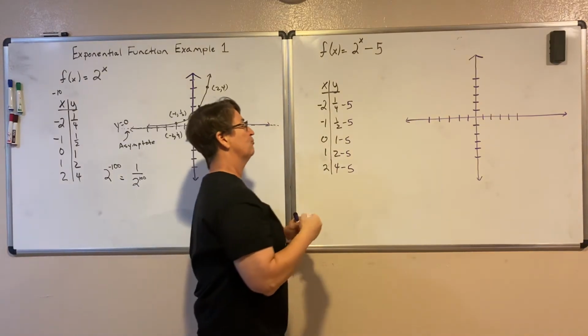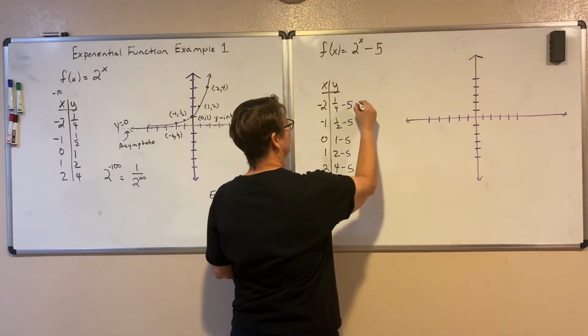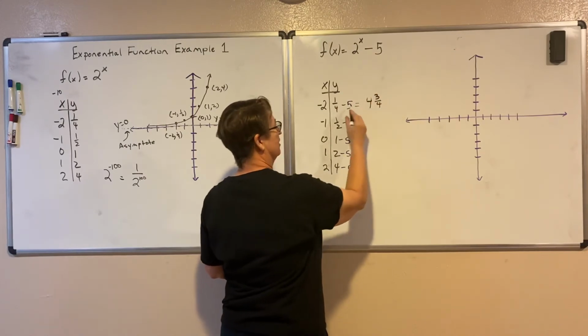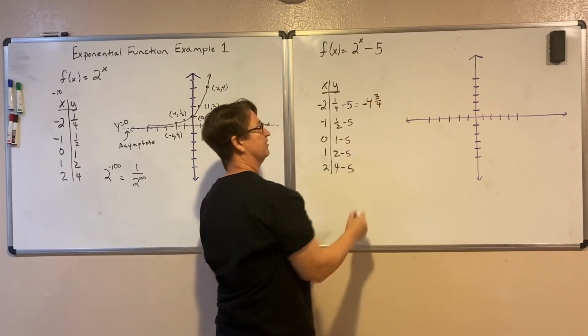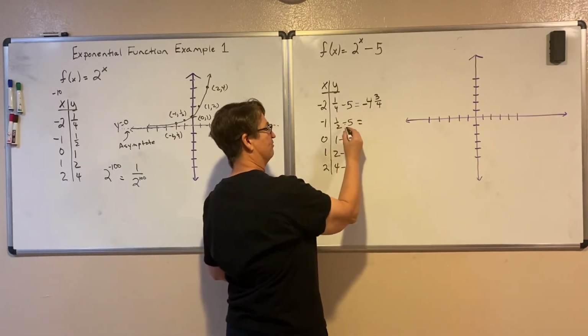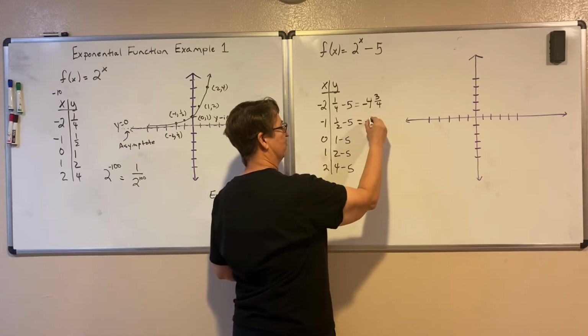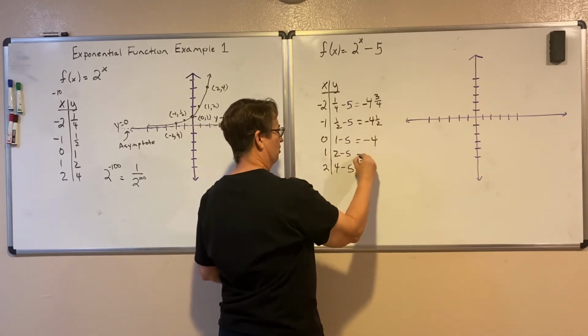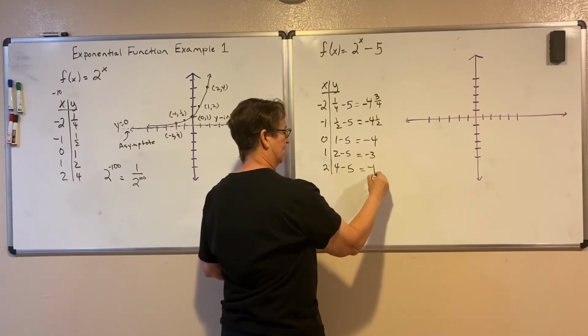So that I end up with, well, 1/4 minus 5 gives me -4 3/4. The negative wins out there. It's bigger. So here I've got 1/2 minus 5 gives me -4 1/2. Here I have -4, -3, and -1.